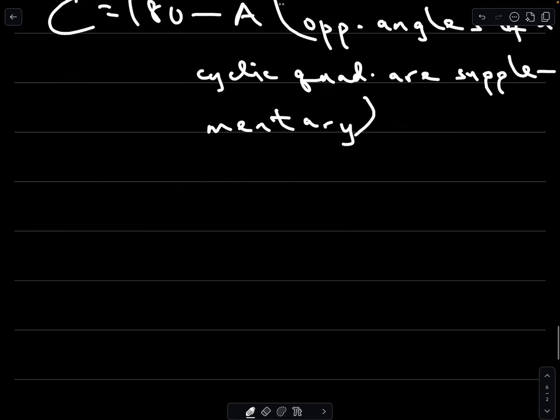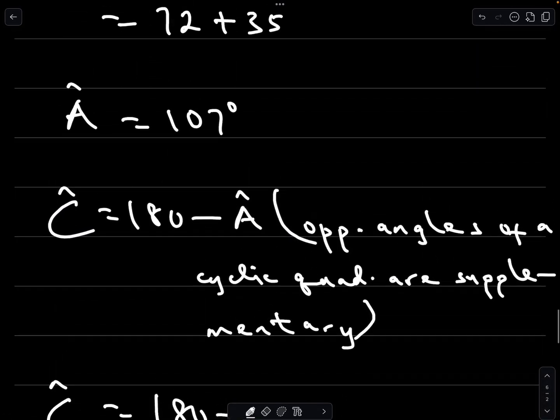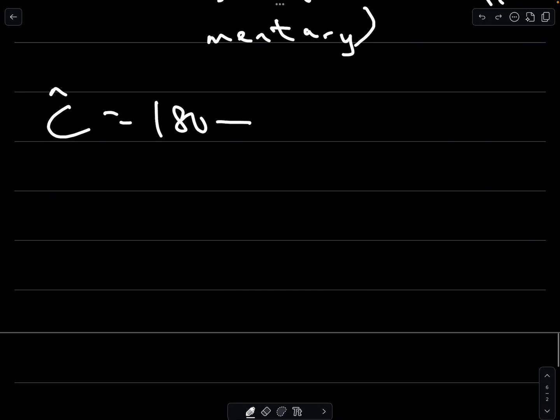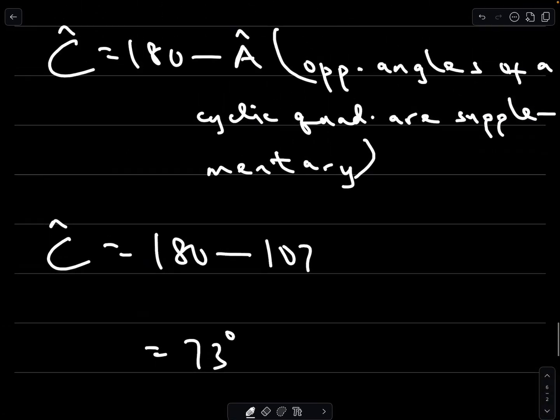So that simply means angle C is equal to 180 minus, what is angle A? 107 degrees. So that's 180 minus 107 degrees, and that is 73 degrees. And now let's check, have we found all of them?